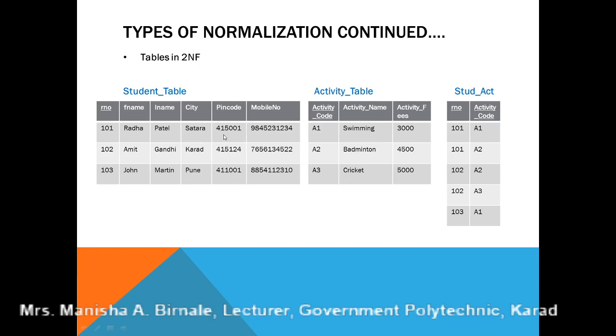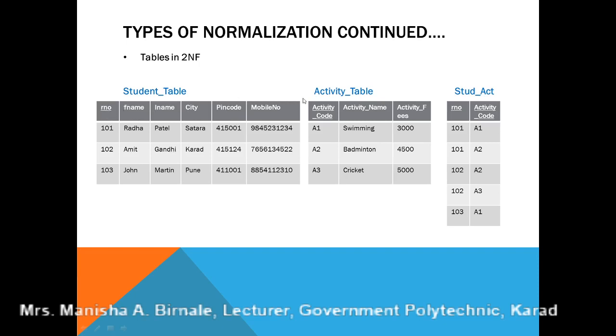And here pin code is dependent on city because every city is having a unique pin code. So pin code is a non-prime attribute and it depends on another non-prime attribute. So this table is not in third normal form because there is a transitive dependency.